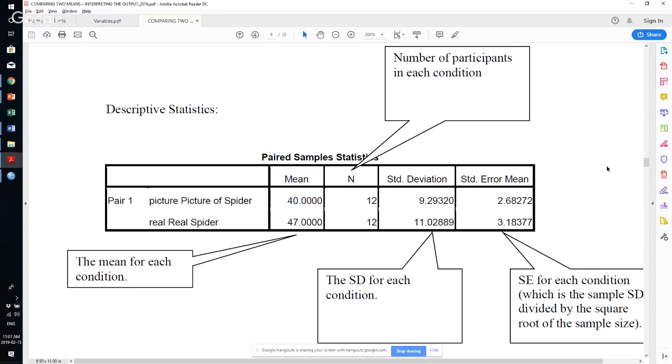So this is the standard error of the mean. See if you can connect this to theory. Which of these conditions has less error? Which is more likely to represent the mean if we look at our standard errors?